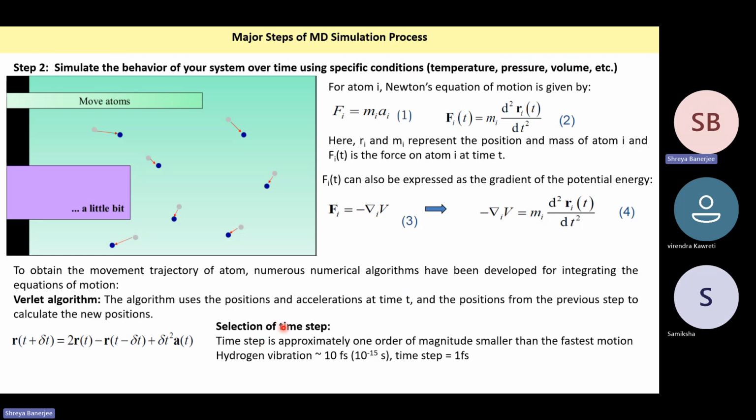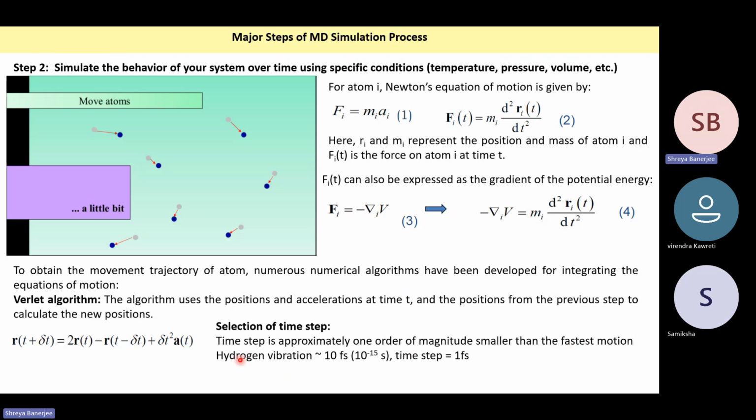And one more thing: when we want to select a time step, the time step means the interval at which we want to see the snapshots of the structures. The general rule is to take the time step one magnitude lesser than the fastest motion.